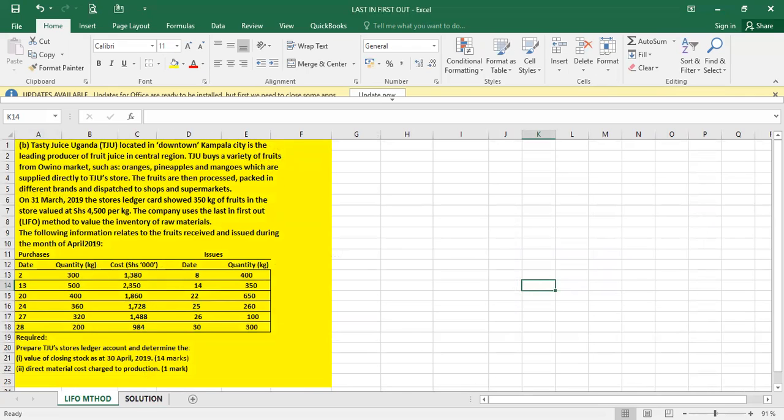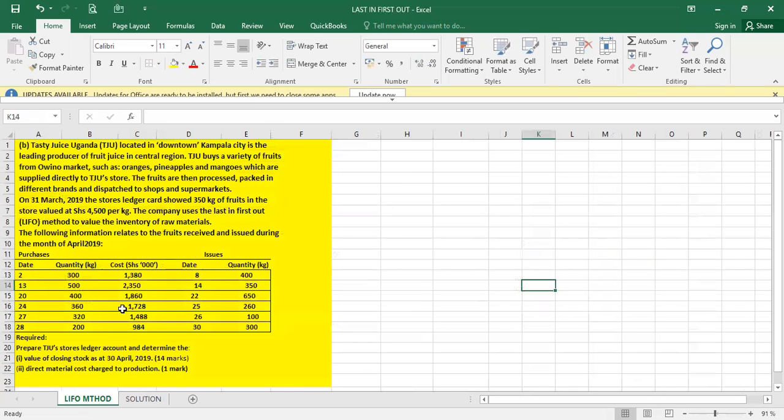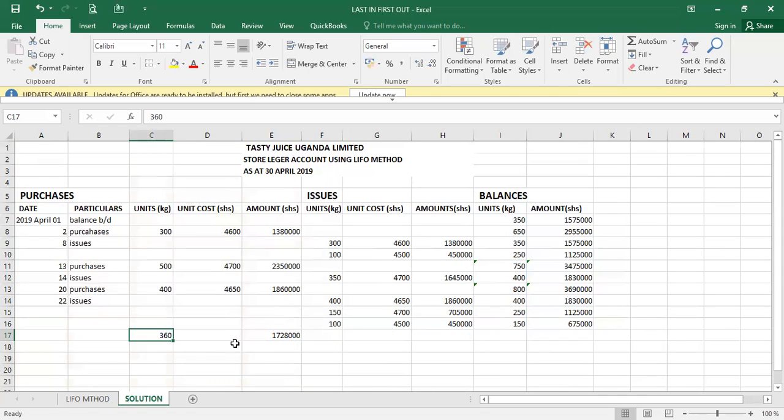1,728,000. Hope I've picked the right figure. It is 1,728,000.